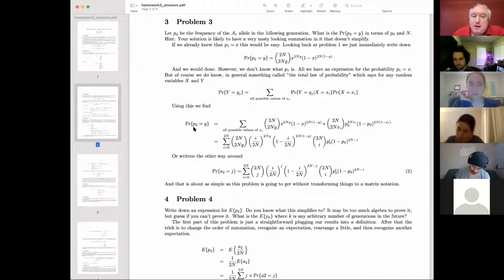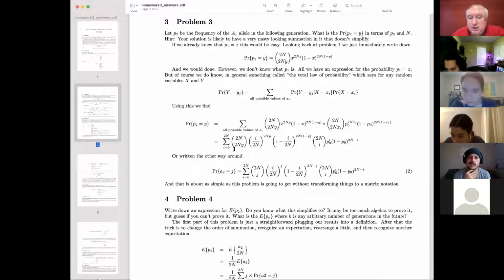So the probability that P2 is y is equal to the sum over all possible values of xi of the probability that P2 equals y, which is this, times the probability that P1 equals xi, which is that.